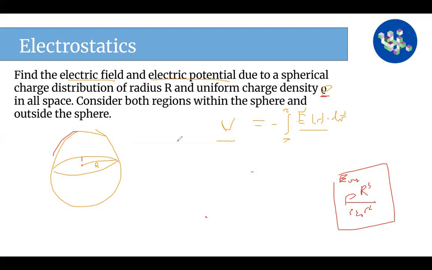Remember, we have Gauss's law. Let me draw a divider here. The closed surface integral of E dot dA equals the enclosed charge, Q enclosed, divided by epsilon 0. If I'm looking at a radius of small r within the sphere, my new sphere will look something like this.